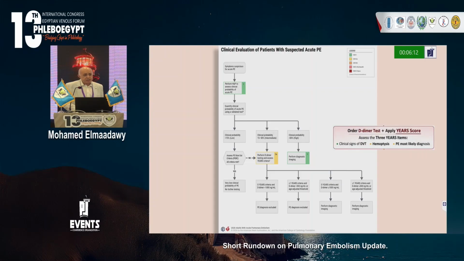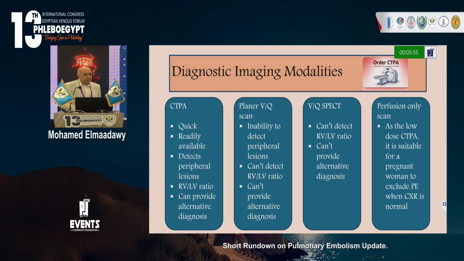If the YEARS is 1 and the D-dimer in this case is below 500, this can exclude the presence of the pulmonary embolism. If the YEARS is 1 or more and the D-dimer is above 500, you should go for image to your patient. Which type of image?